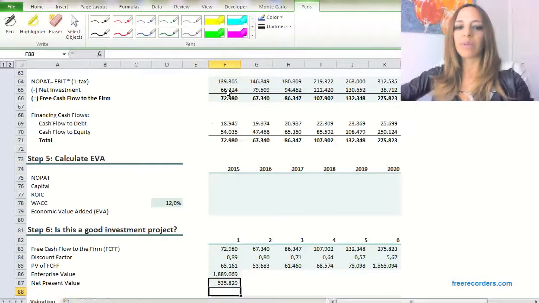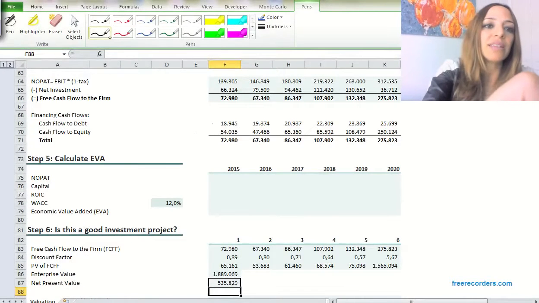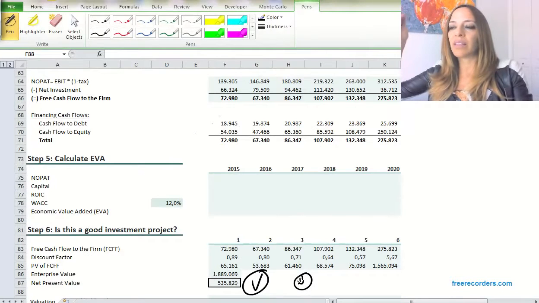Therefore, net present value is 535. It's positive. Is this a good project? Yes, according to this methodology, this is a good investment because the inflows of cash we expect are higher than the outflows, even considering the initial investment.